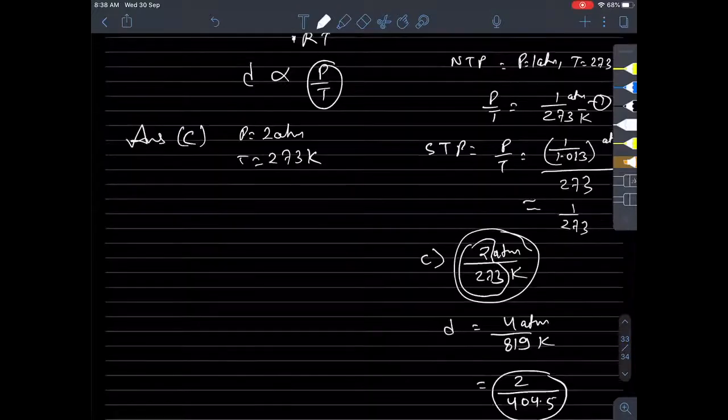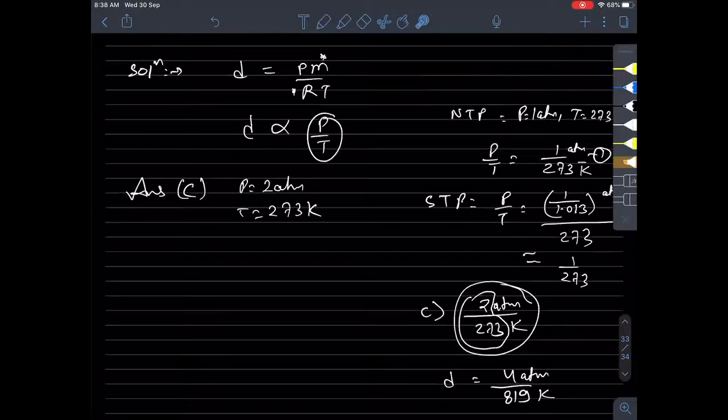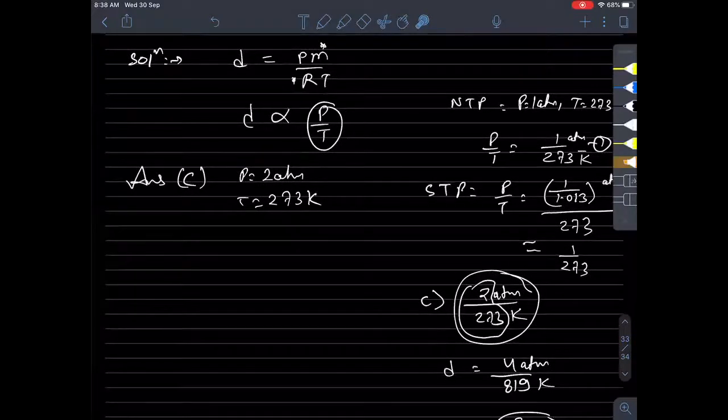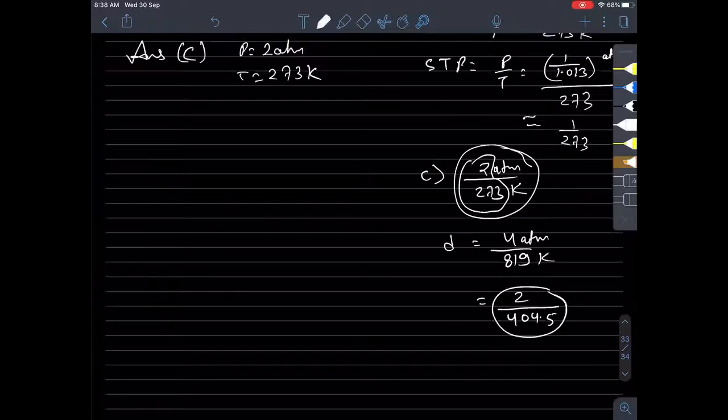So can't you plot the graph of density with respect to pressure if the temperature and molecular weight are constant? Can't you plot this? I am writing one, you do it.